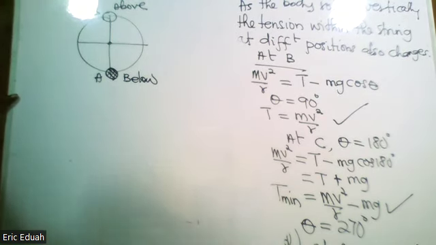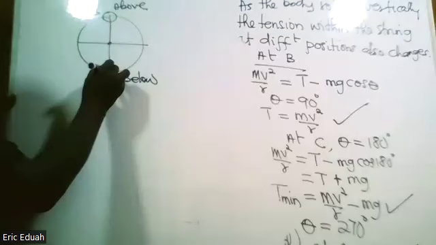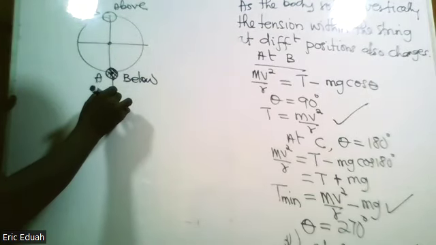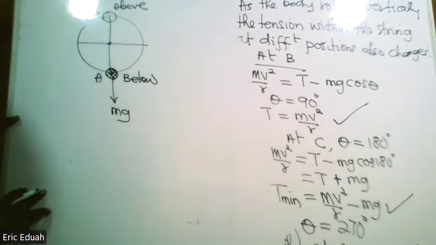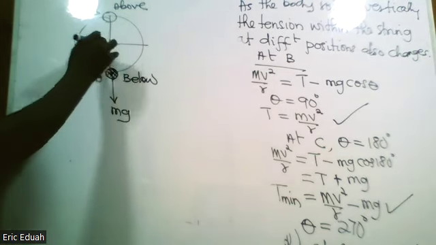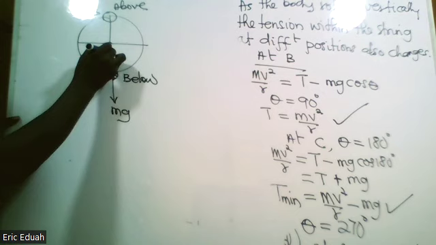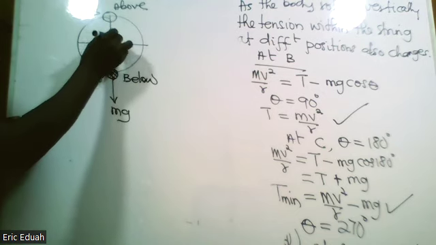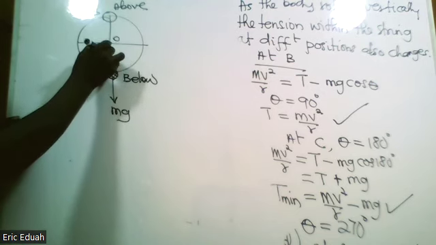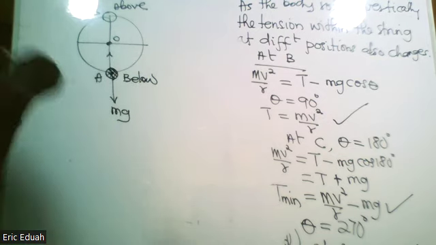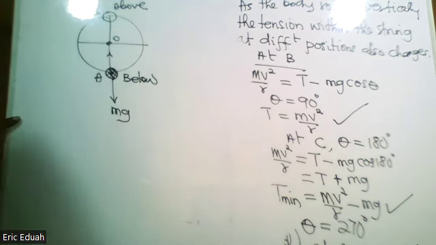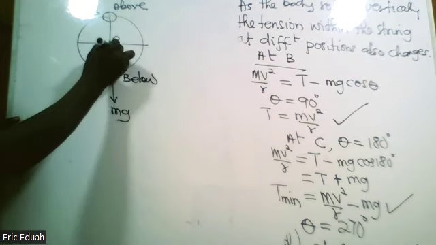Down. So the weight would act here. The tension in the string is always directed towards the center, the fixed point, the axis of rotation, where the rotation actually takes place.